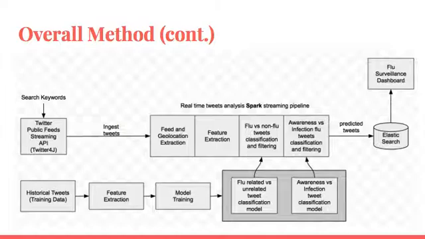For real-time classification, we have real-time Twitter data, and we do the same feature extraction, go through the two classification models and then the prediction model. Finally, we use the Elasticsearch database and the dashboard.